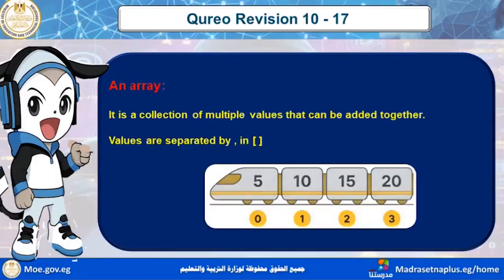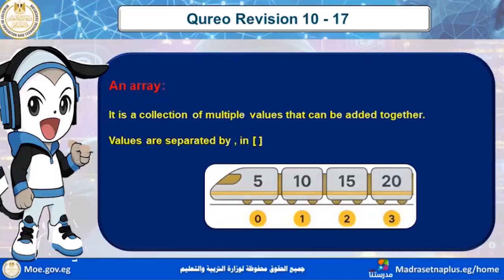Let's discuss now the last part, which is an array. An array is a collection of multiple values that can be added together. It means, as you see, it is one part, but it is divided into two or more places. We have here a block of code called an array, and inside this block we have multiple values.